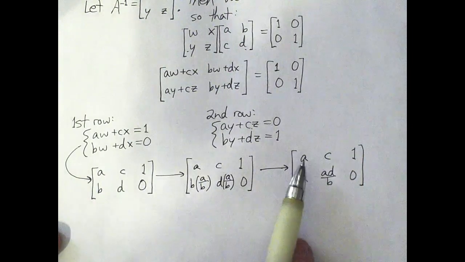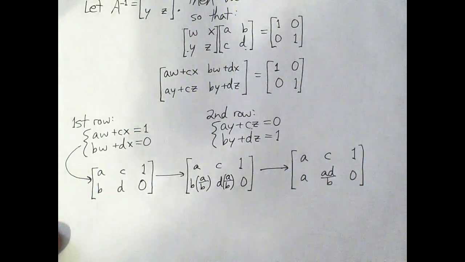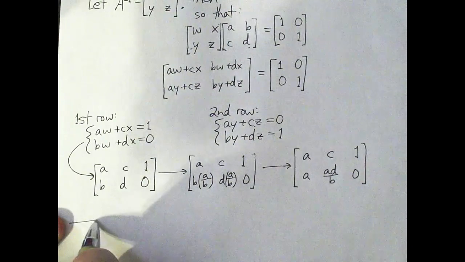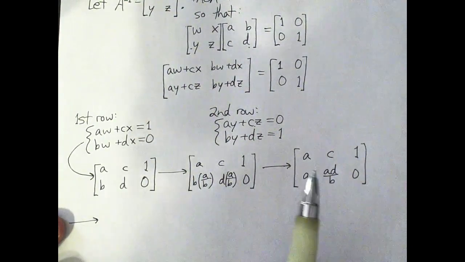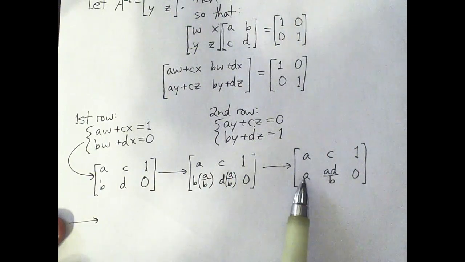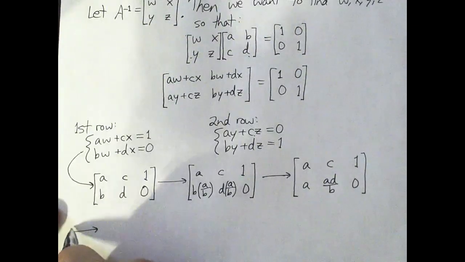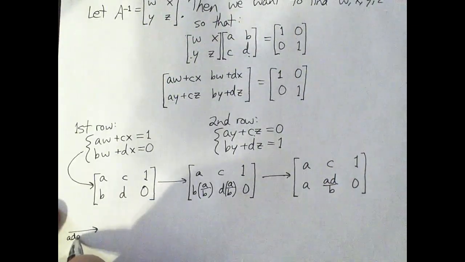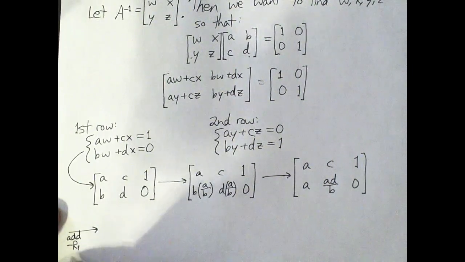Is this helping us? Well, now I have an A and an A, so if I would like to row reduce and get one of these entries to be 0, I could do that by adding a multiple of one row to another. So I think if we add -1 times row 1 to row 2, all right, add negative row 1 to row 2.